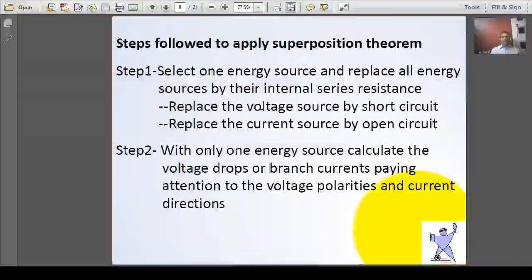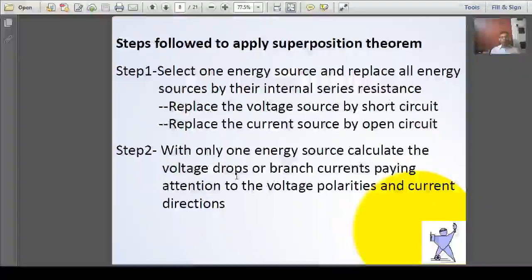With the first step completed, we'll follow the second step. In the second step, we will calculate the response asked in the problem, considering only one energy source at a time.